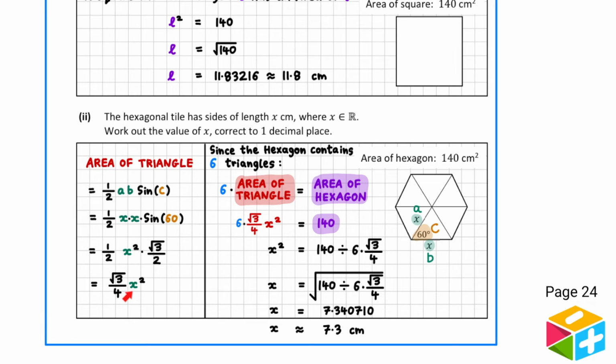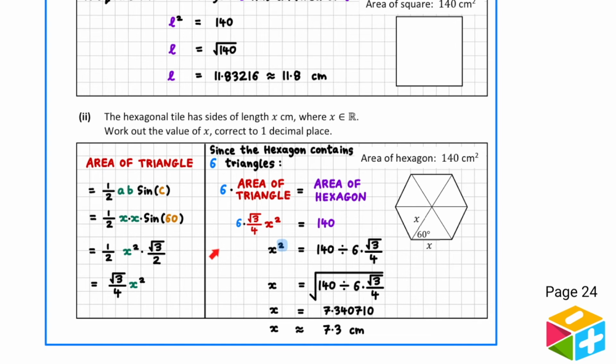Now that we have an expression for the area of the triangle, we can write it into the equation we had and then solve for x. In our equation, the x squared is being multiplied by a constant, 6 times the square root of 3 over 4. To remove this multiplication, we should divide both sides by this number. We now know what x squared is equal to, so to solve for x, all we have to do is remove this square.